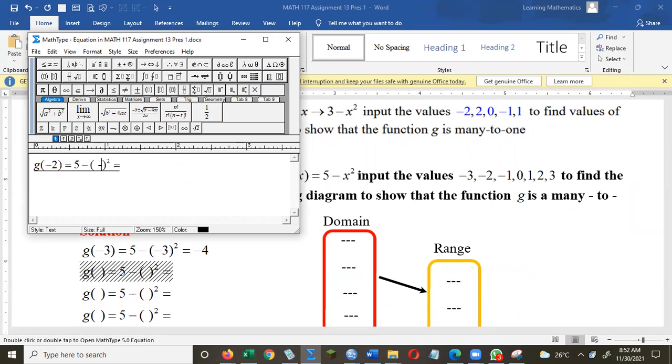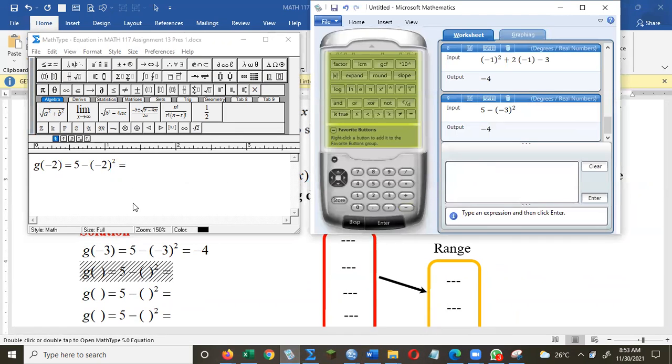If you are lost, you are not following, please let me know so that I can go over again, so that all of us are on the same page. So we substitute -2. Can anybody give us a suggestion as to what comes after that equal sign?